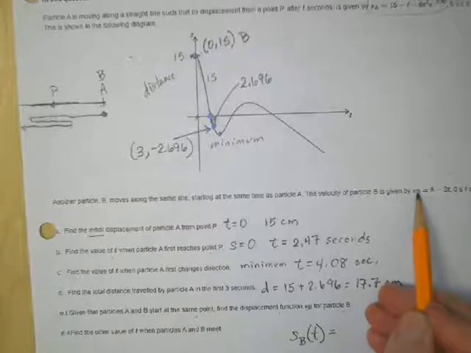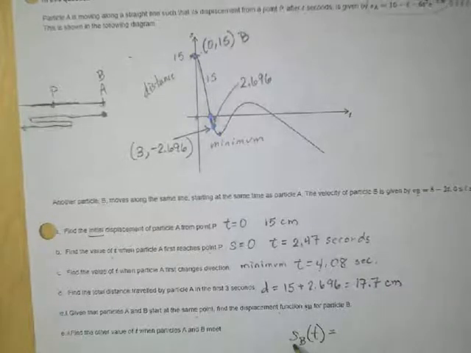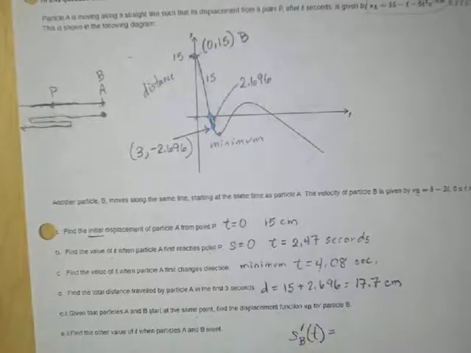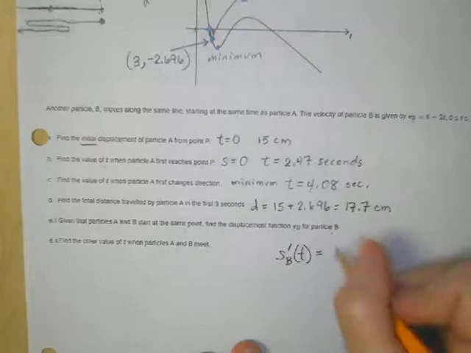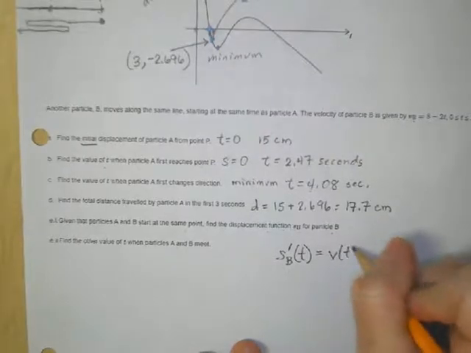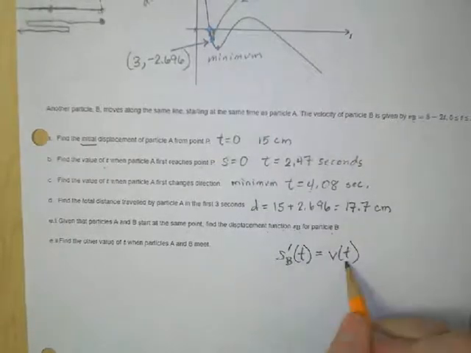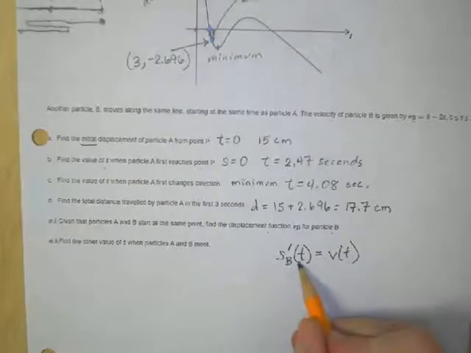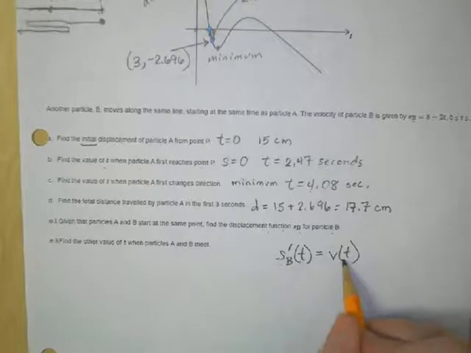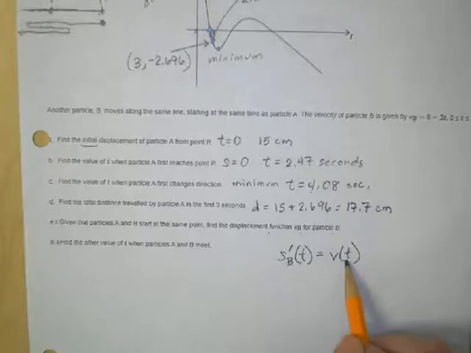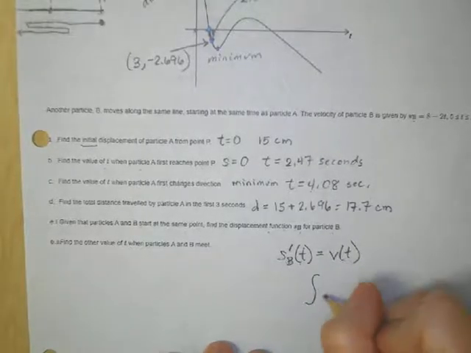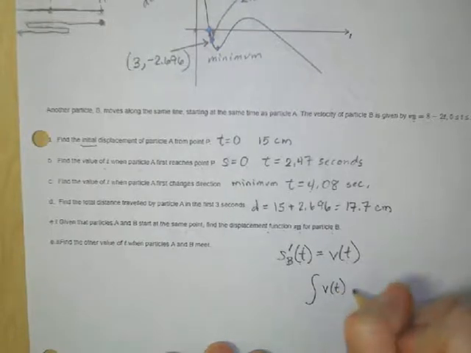Because if we take the derivative of the position function, we will get the velocity function. So if we want to go backwards, I know the velocity function, I'm going to have to integrate it to get the displacement function, because I know this, but I don't know this. If I knew the position function, I could just take its derivative to get the velocity, but I don't know the position function, I know the velocity function. So that means I'm going to have to integrate v of t with respect to t.